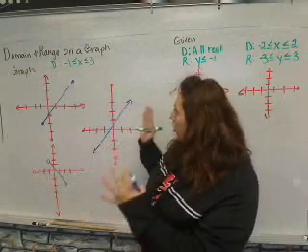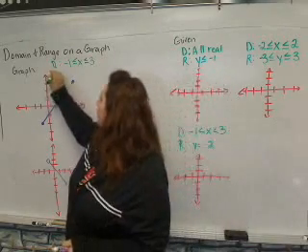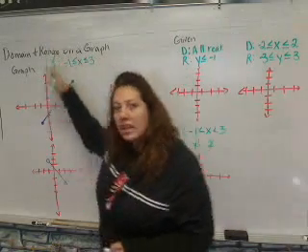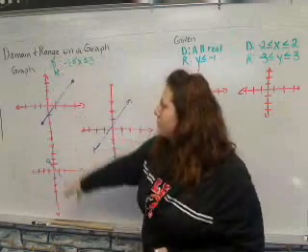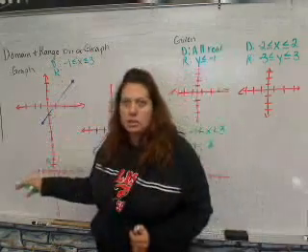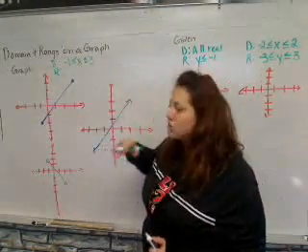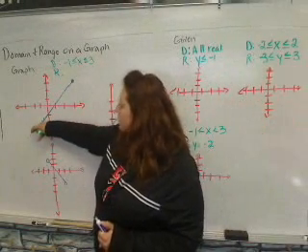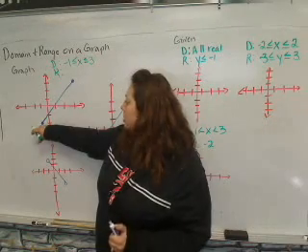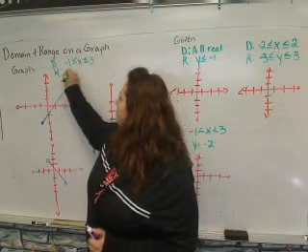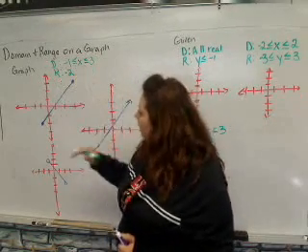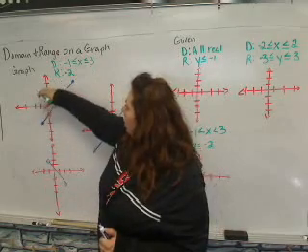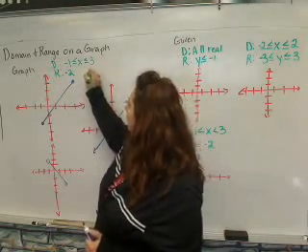Okay? Horizontal. Okay? Now we look at our range. So now we're looking up, down, this way. So you can start at the bottom or at the top. It doesn't matter, but I like to start at the bottom. Okay, so I start looking, all right. So my first place I touch my function is at -2. Okay, and then I keep going. It goes all the way up to +3.